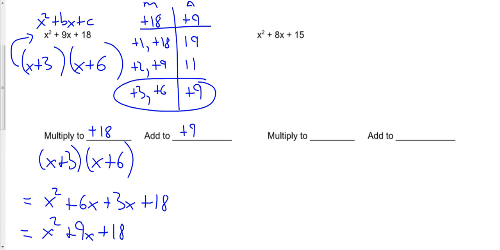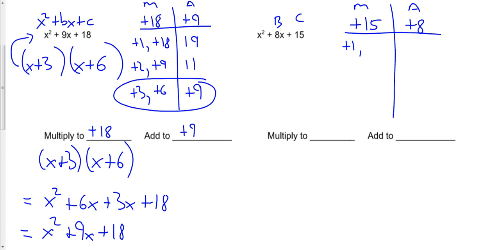If I look just over here to the right for my second example, now in my MA chart, I need to find two numbers. I need a number that's going to multiply to my c value, which in this case is positive 15, and it has to add to my b value, which is positive 8. So again, I'm going to go through steps in the process.